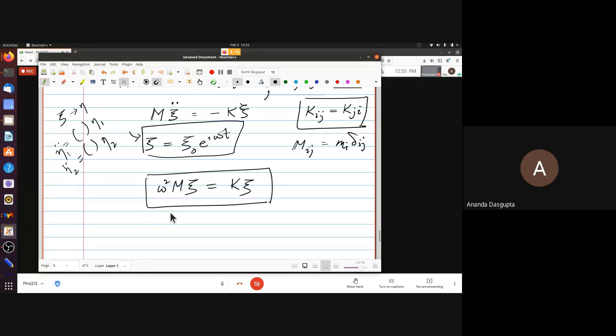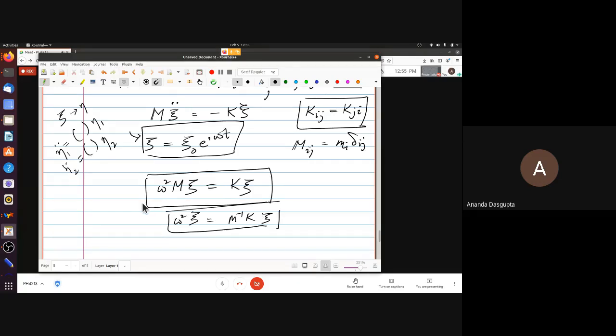You can claim that it is by saying omega square xi is m inverse k xi, and therefore m inverse k is an 8 by 8 matrix whose eigenvalues are the squares of the normal frequencies.